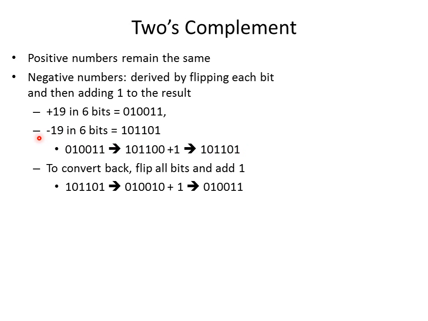When we represent minus 19 in twos complement, first find the ones complement by inverting all the bits and then add 1 to the number. You get the twos complement. To convert back, flip all bits and add 1, and we get the result. That means if we convert the number into minus 19, we simply invert the number.